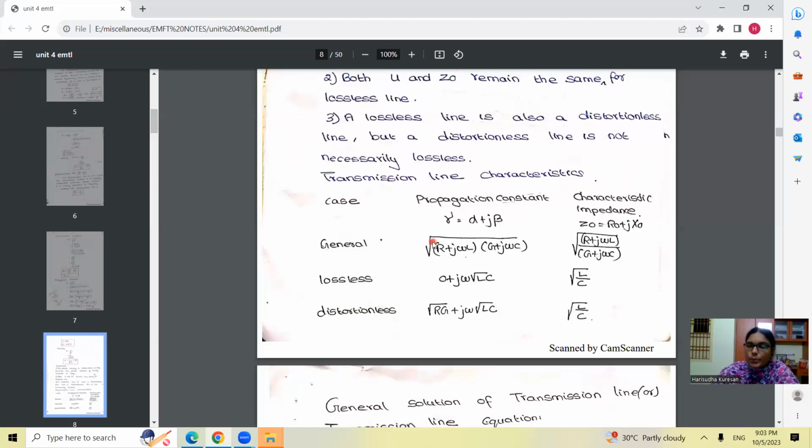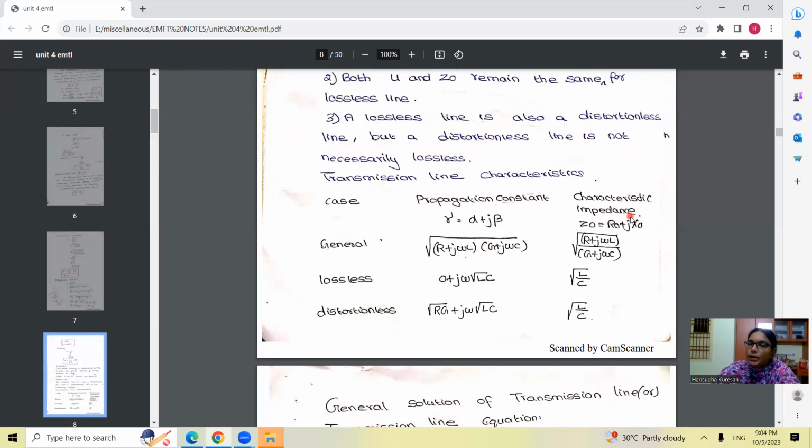And we have seen the two special cases. One is for lossless, the other one is for distortionless line. So for lossless, the propagation constant gamma is equal to 0 plus J omega square root of LC. So the meaning is your attenuation constant will be equal to 0 and the phase constant will be omega square root of LC.